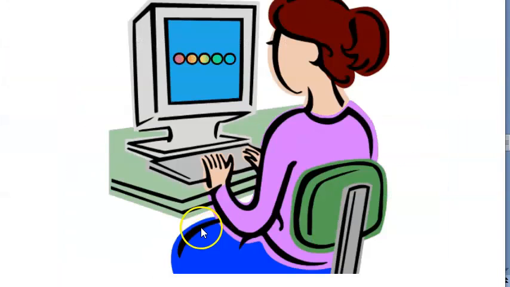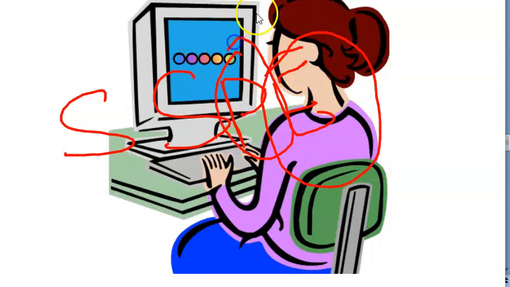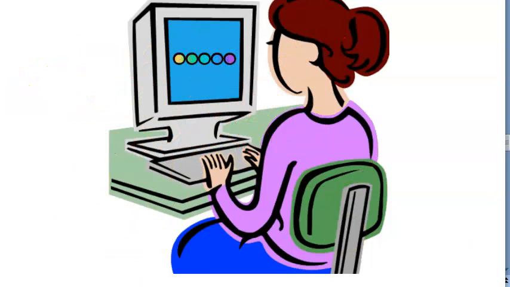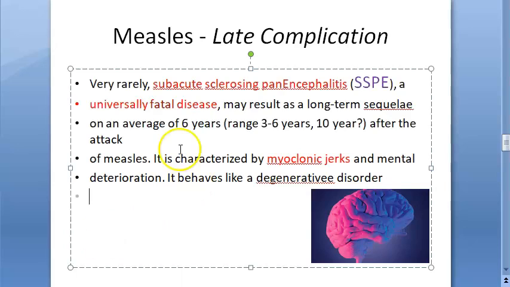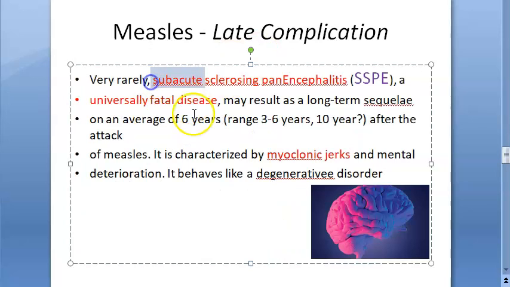What is SSPE? Encephalitis, brain tissue. Pan means everywhere, everything involved. Sclerosing, subacute. Why is it subacute? Subacute is something between acute and chronic.